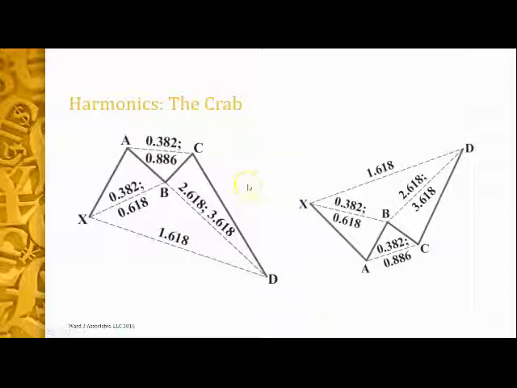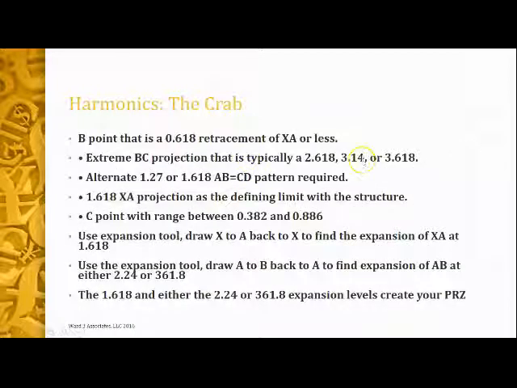Okay, so what that means is this projection right here, the BC projection, this D point should end at the extension levels of the 2.618 or the 3.618 of the BC. That's what this is saying.